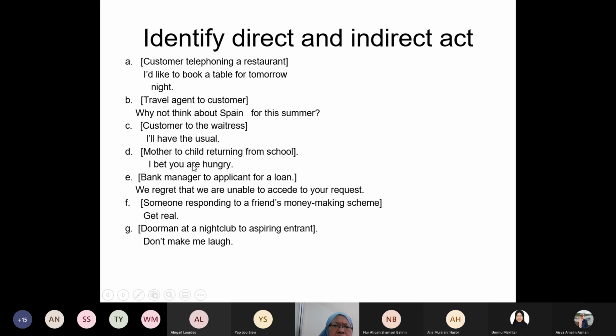So by the time he gets back he must be hungry for lunch or for tea or something. By giving a statement, to me she's guessing. She makes a prediction, a guess, and usually the guess is right because after a day at school, the kids are always hungry. So I bet you're hungry. The direct is a statement, the indirect is to predict, to guess.